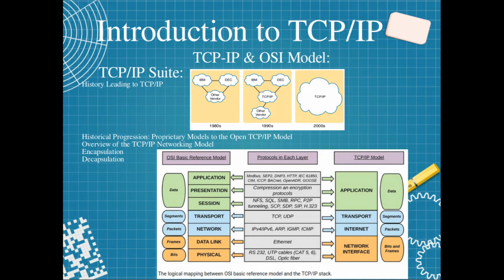Accumulatively they were working on something somewhat equal to TCP/IP but not exact TCP/IP. That is about the 1980s. In the 1990s, what happened? All the other vendors came with only the TCP/IP model.